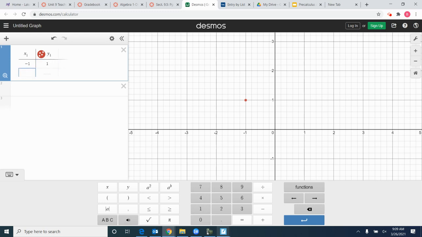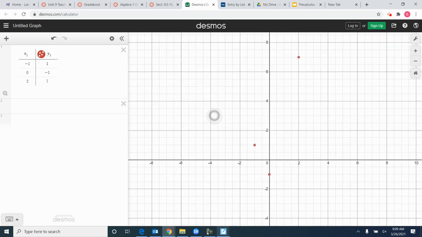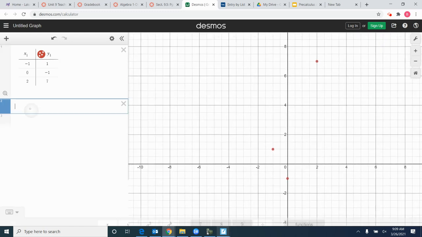And under the next one, it's going to be 0, and then here it's going to be -1. And then the third one is going to be 2, and then 7. And so I'm going to just expand it. So where's 2, 7 at? Let me see here. Okay, so I can see all 3 points.